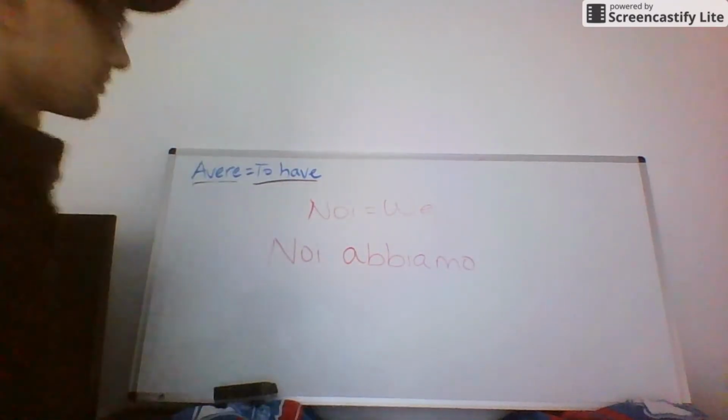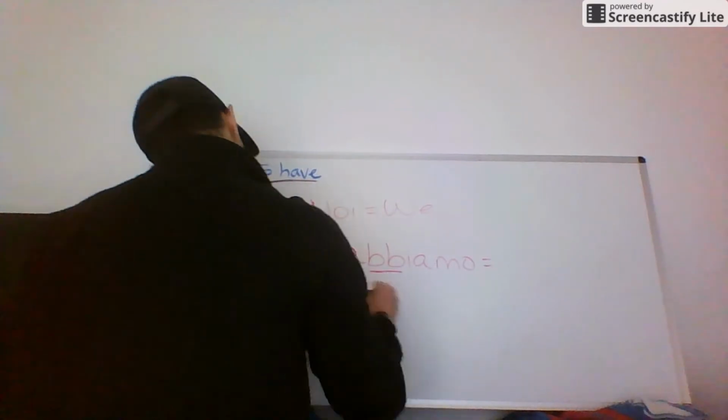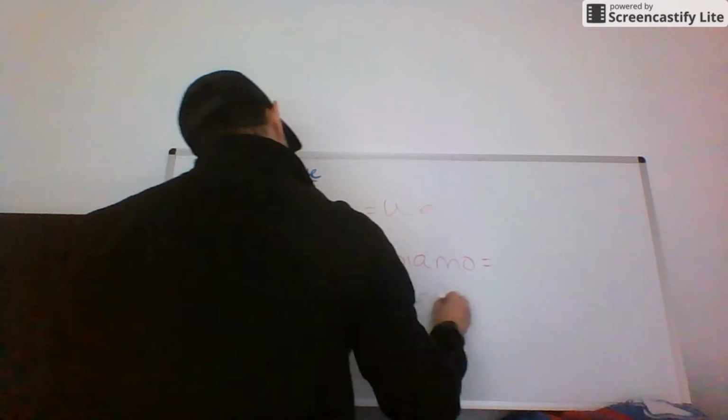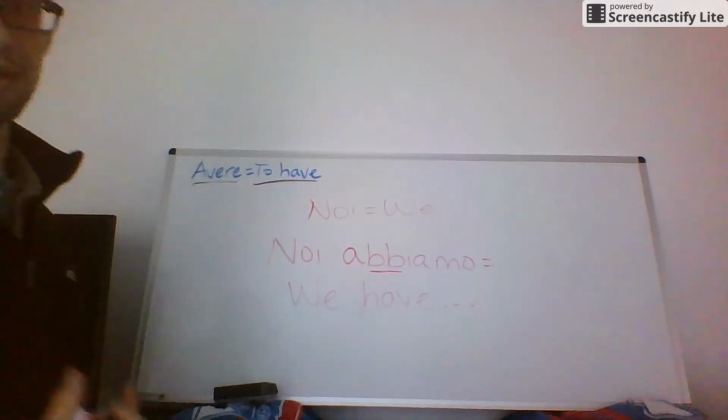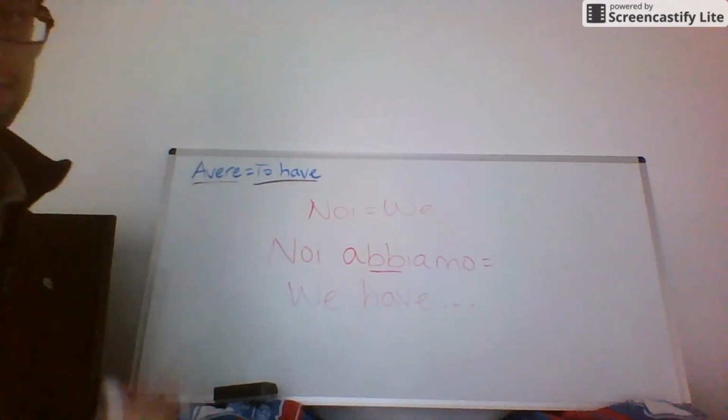Noi abbiamo. We have the two B's here. Remember to pronounce that. We have. Okay. Noi abbiamo. Abbiamo, the two B's.